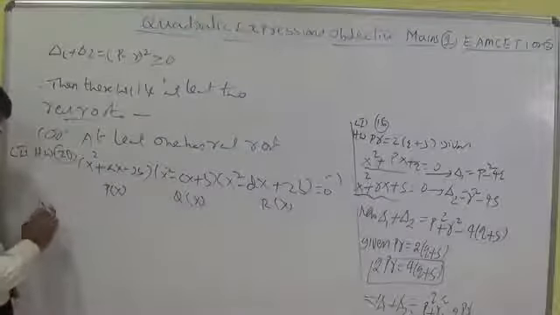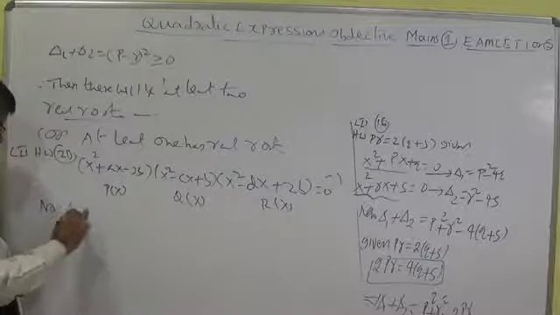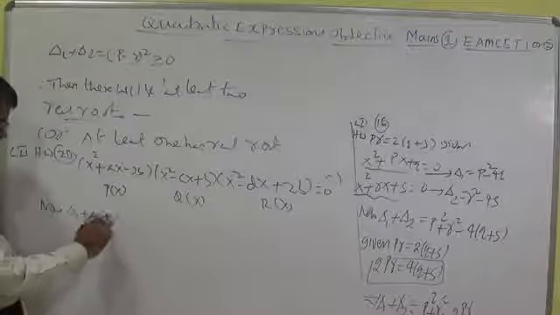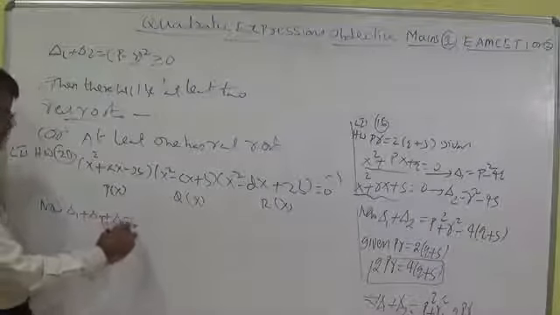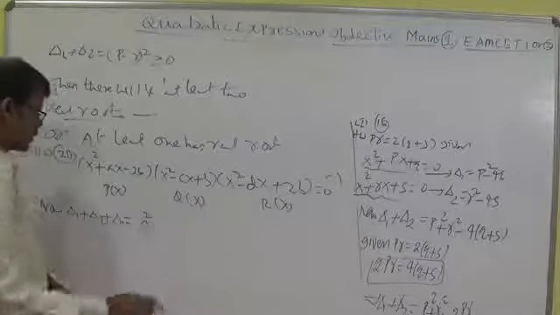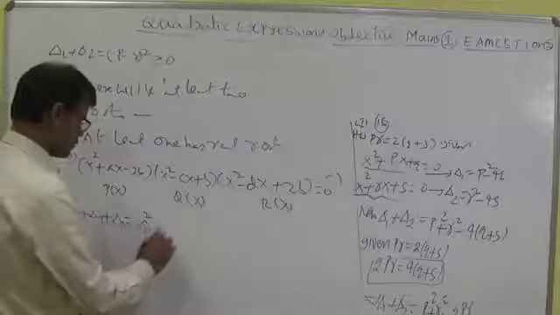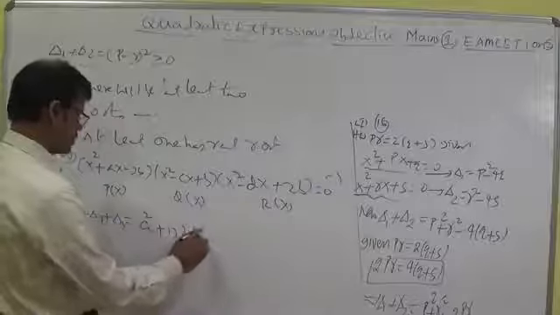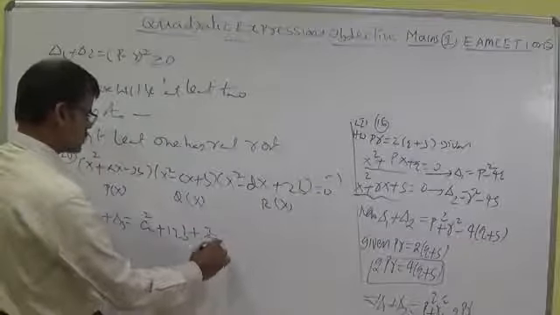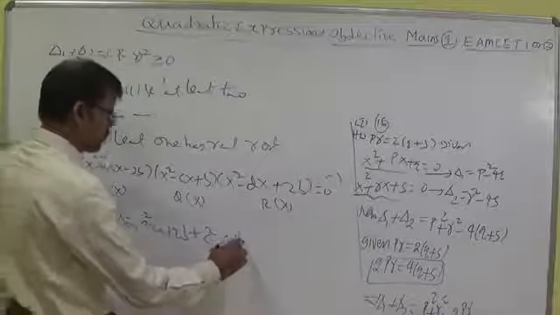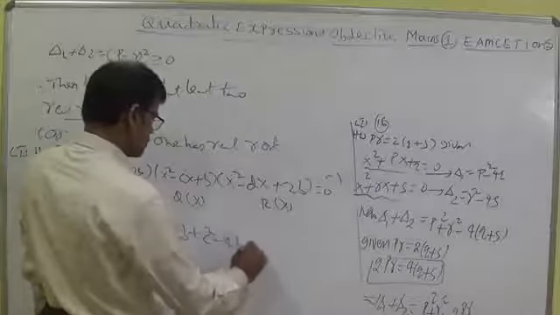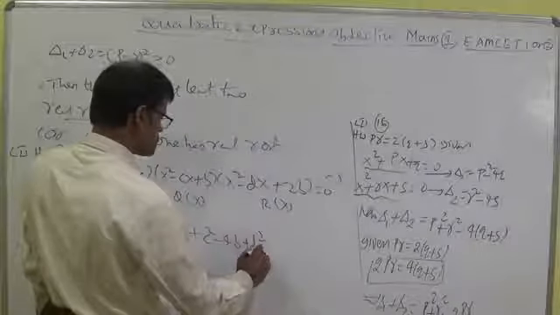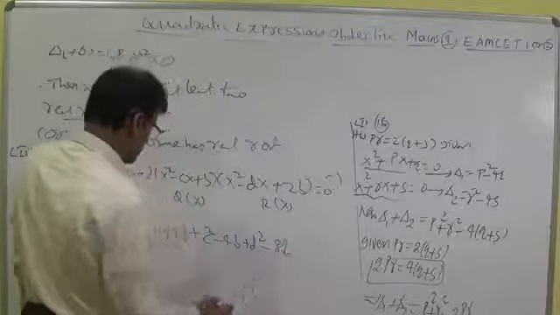Now let us discuss delta 1 plus delta 2 plus delta 3. Delta 1 we can write as a square plus 12b, plus delta 2 is c square minus 4b, plus delta 3 is d square minus 8b.